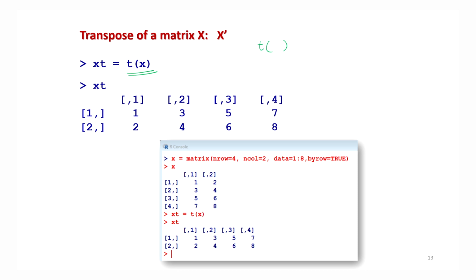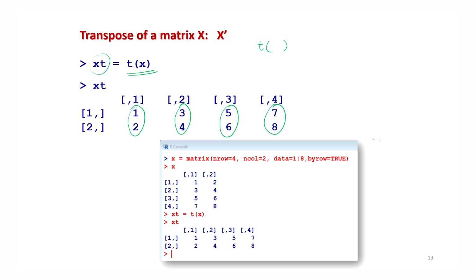And suppose I store this transpose in another matrix xt. So this is the outcome, that now 1 and 2 are coming on the first column, 3 and 4 on the second column, 5 and 6 on the third column, and 7 and 8 on the fourth column.